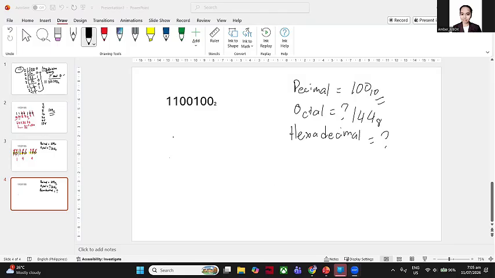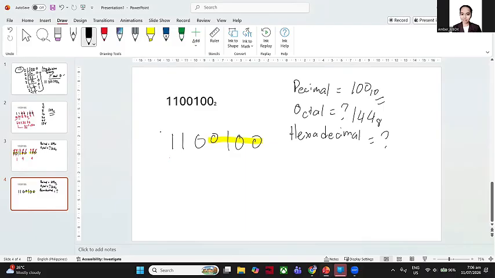Okay, so now we have 1, 1, 0, 0, 1, 0, 0. Now we're going to group them into four. Four members into the group. So now we have this group.